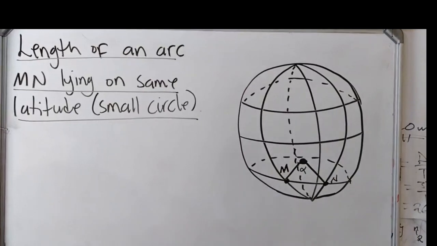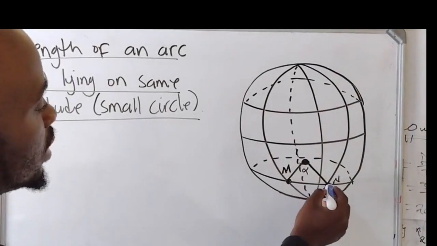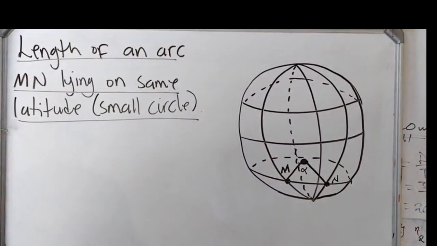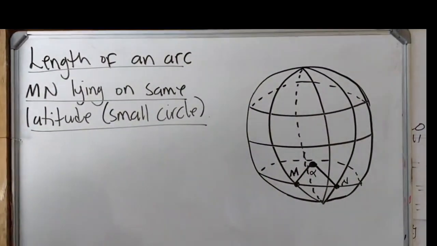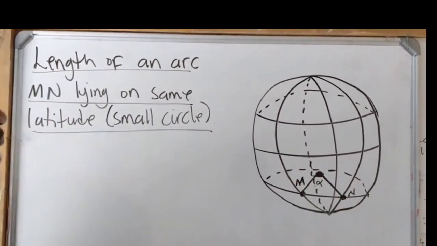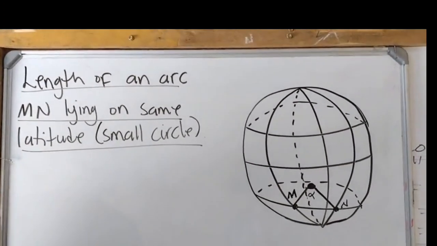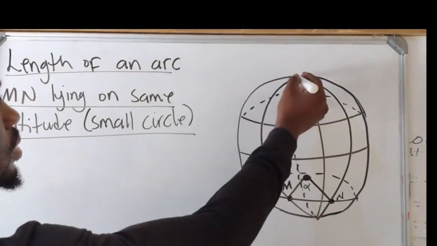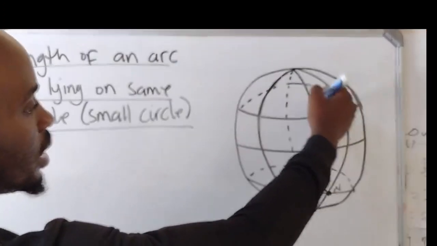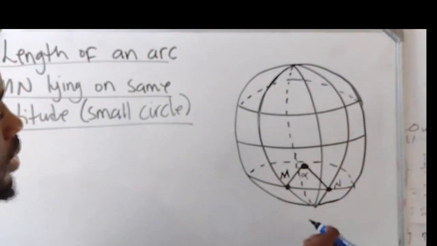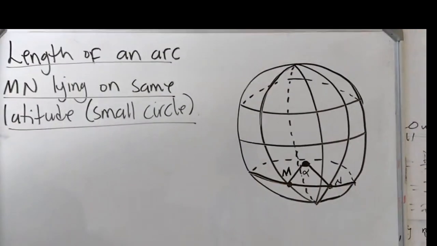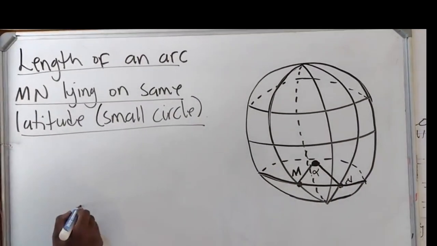In this case we have this point M and the point N, so finding the length of an arc MN that is lying on the same line of latitude, which is a small circle. Here we have the alpha. You can see this is a line of longitude, another line of longitude there, then they are lying on this same line of latitude.